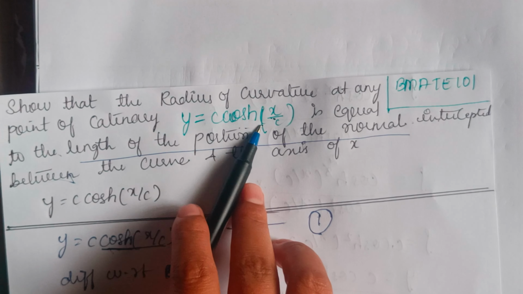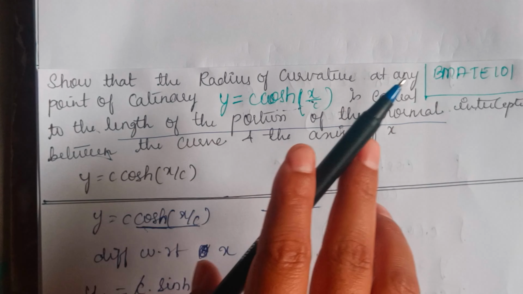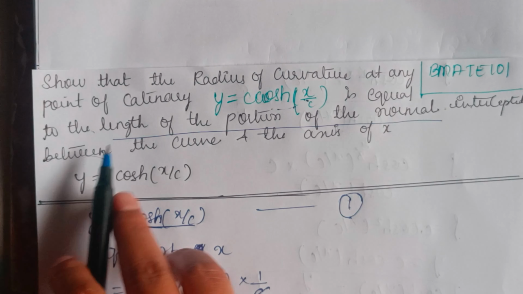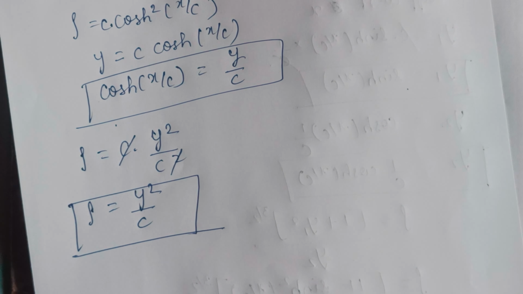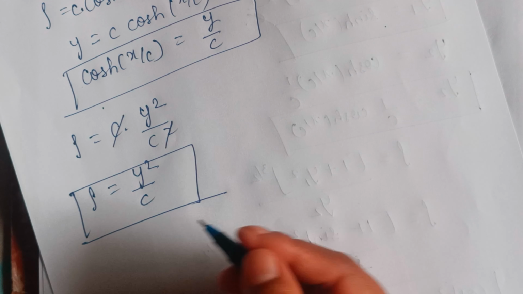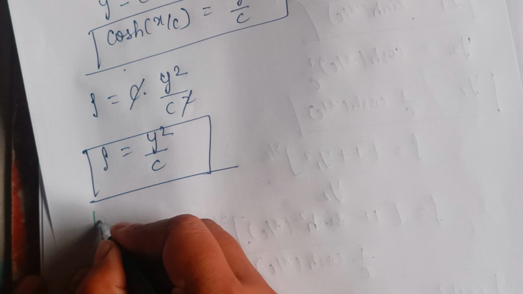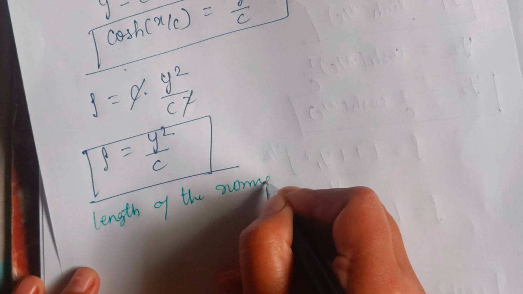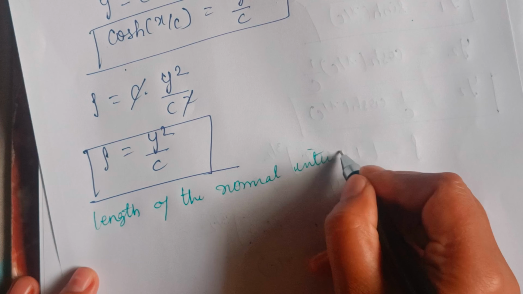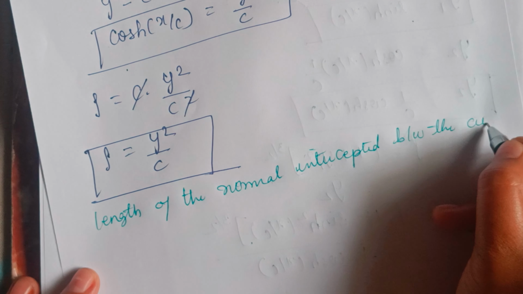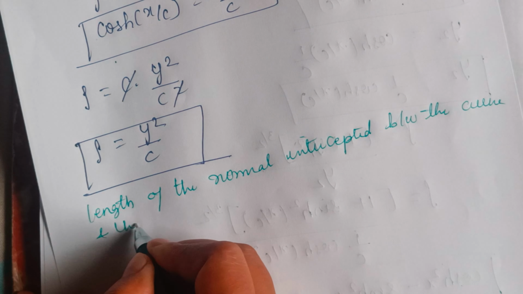Here we found the radius of curvature for this equation, and we have to show that it is equal to the length of the portion of the normal intercepted between the curve and the axis of x. So the formula to find the length of the normal, I will write here. Length of the normal intercepted between the curve and the x-axis.